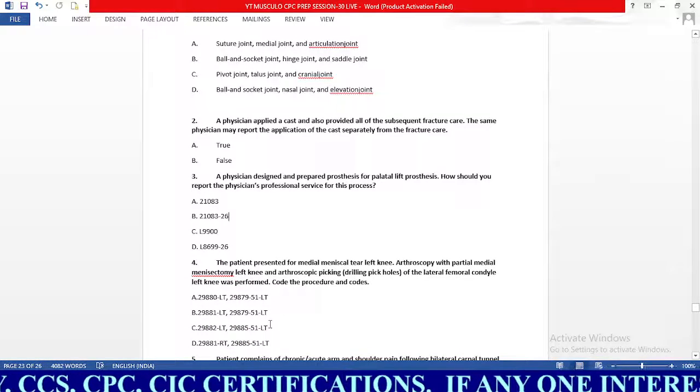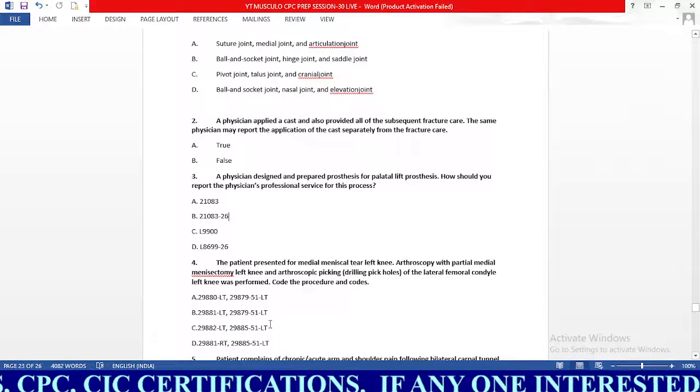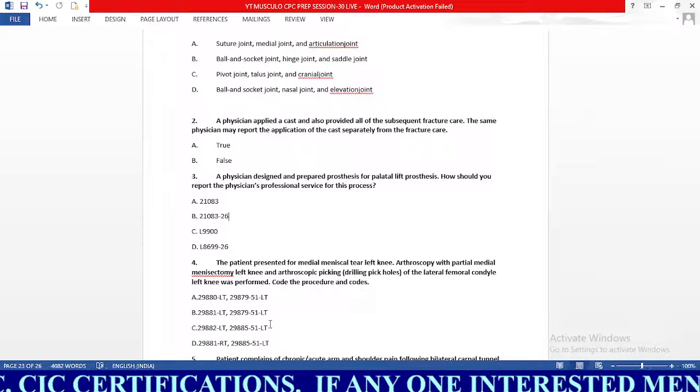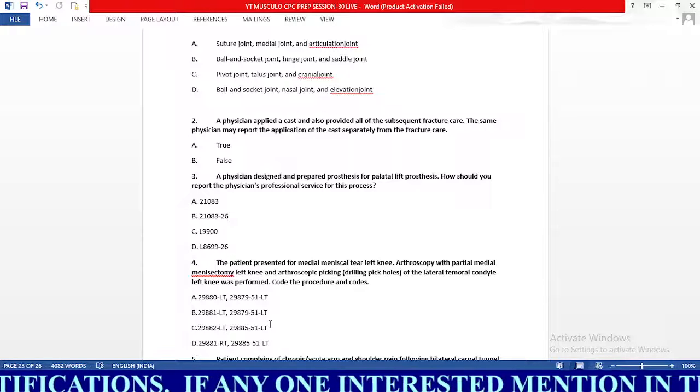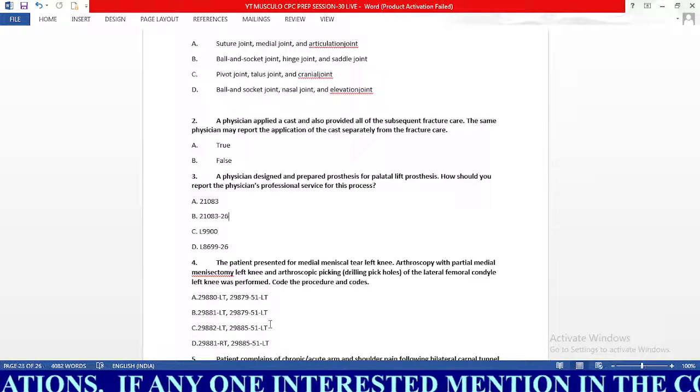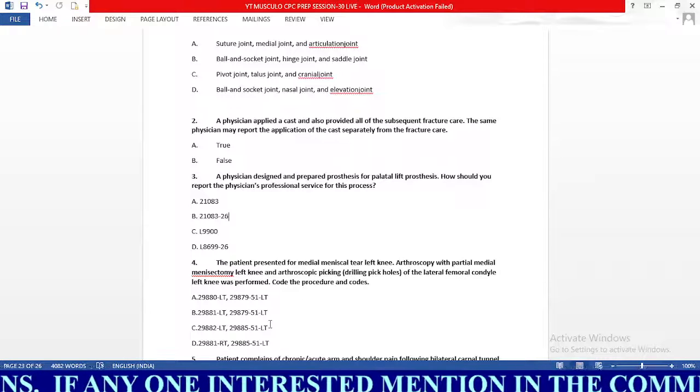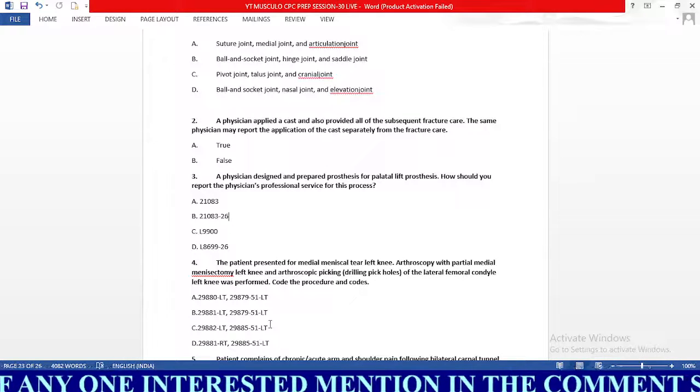So guys, check the fourth one. So now it is 9:34.